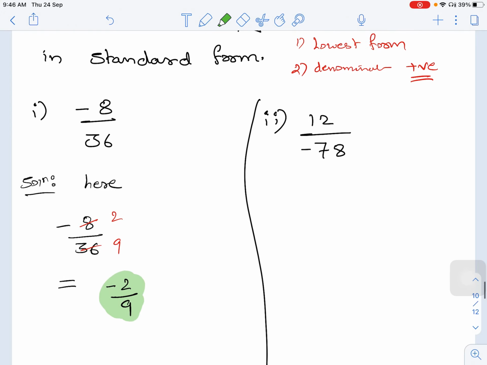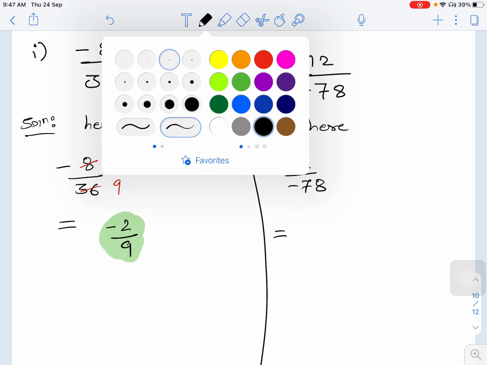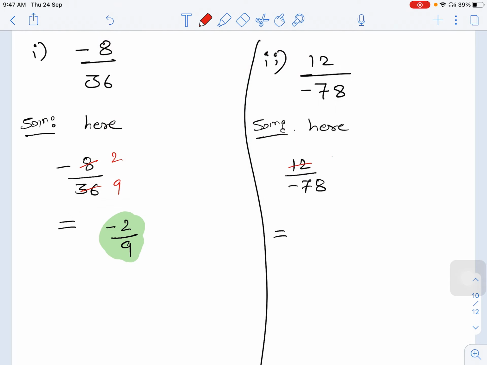Okay, now let us look at next example. We have 12 upon minus 78. Okay, upon minus 13.